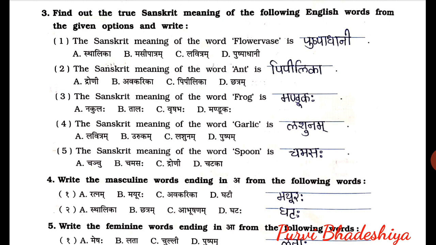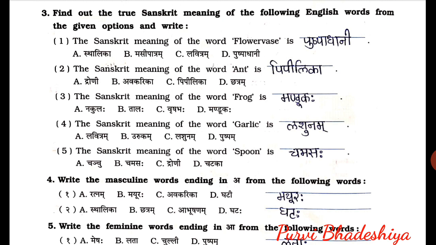Fourth, the Sanskrit meaning of the word garlic is C, Lasunam. Fifth one, the Sanskrit meaning of the word spoon is B, Chamasah.